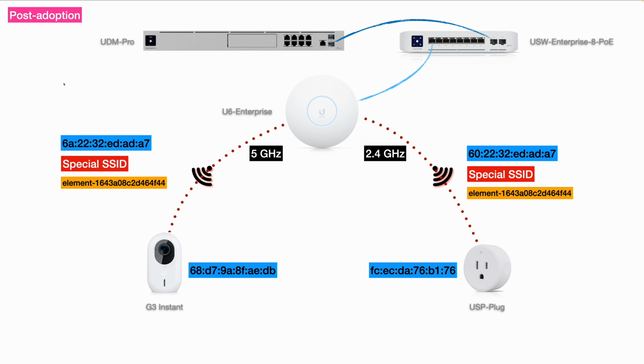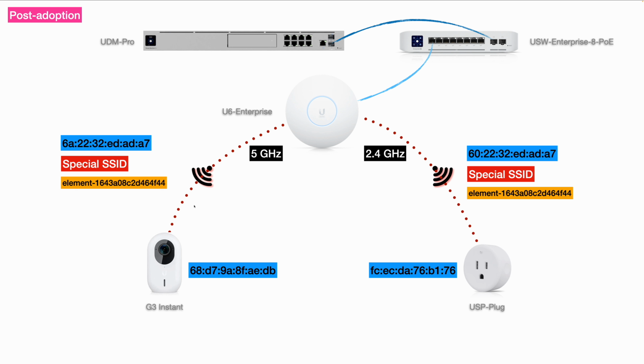Okay, we are at the end of the video. Let me summarize. This special element SSID is secretly created by the AP without notifying the users or providing the details. There's no official information about how the device even knows the Wi-Fi password during the adoption process.